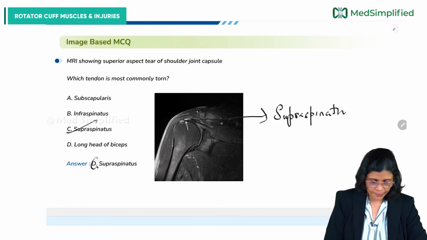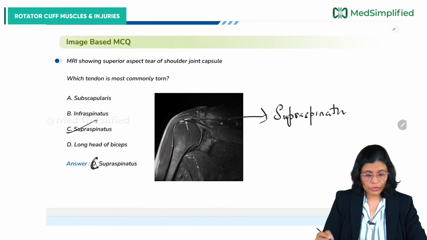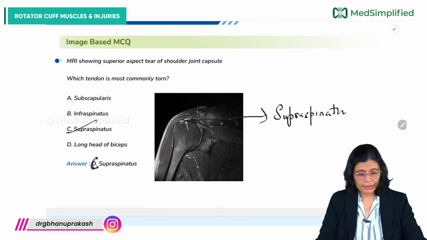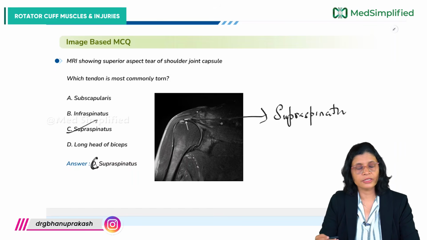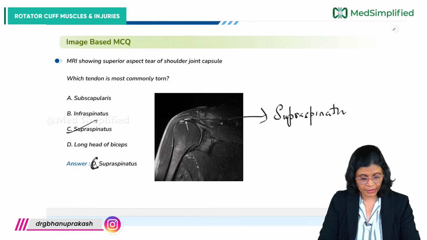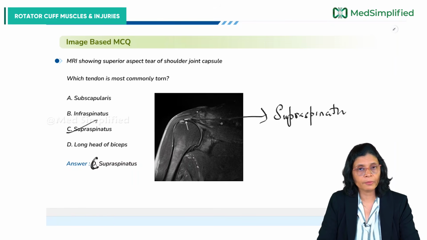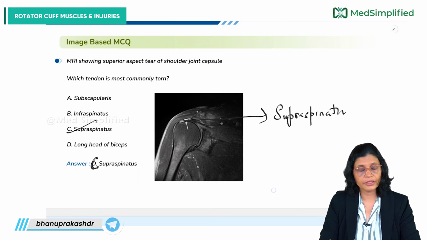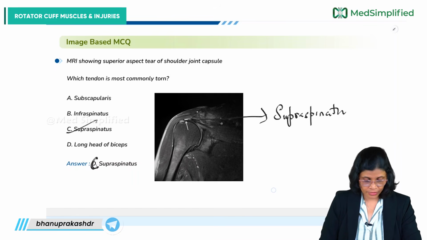Okay, it is the C. That is supraspinatus. Subscapularis comes below because it is inserted to the lesser tubercle. Infraspinatus is below the supraspinatus, and the long head of biceps is not a part of the rotator cuff. It passes through the bicipital groove, though it is within the capsule of the shoulder joint. Okay, so that is how we rule out the other choices.